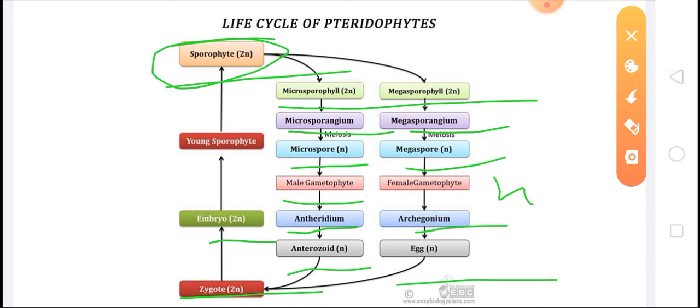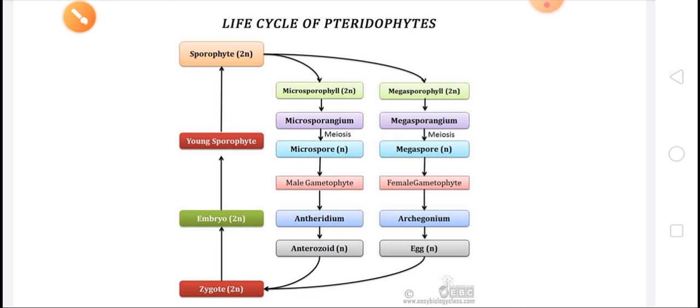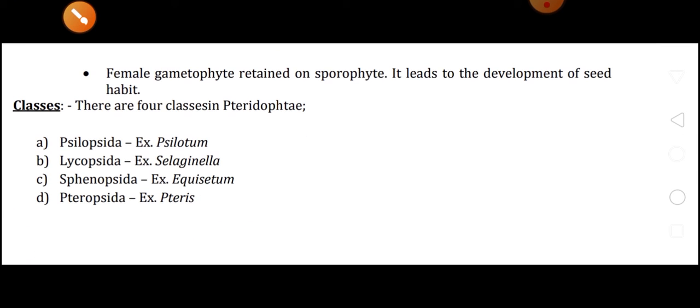Okay children, clear about this? Now we see the classes. The pteridophytes have four main classes. Number one is Psilopsida, an example of a plant in this class is Psilotum.